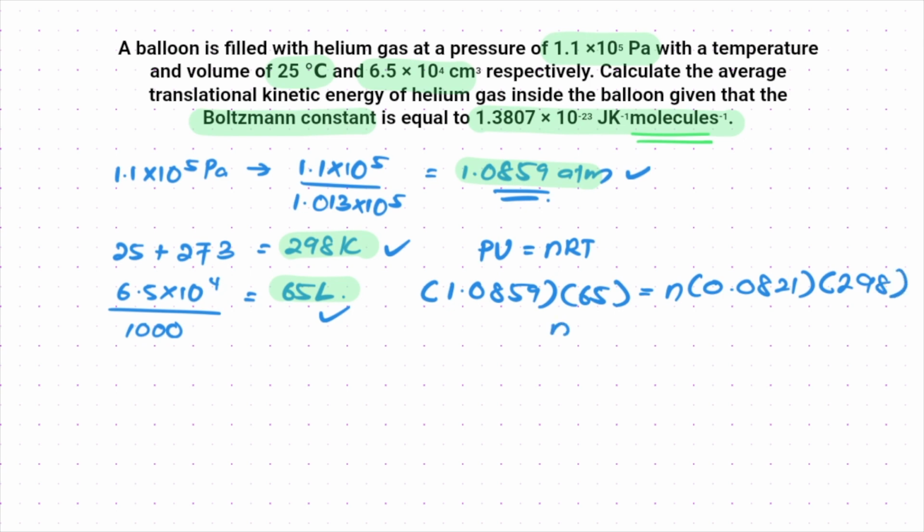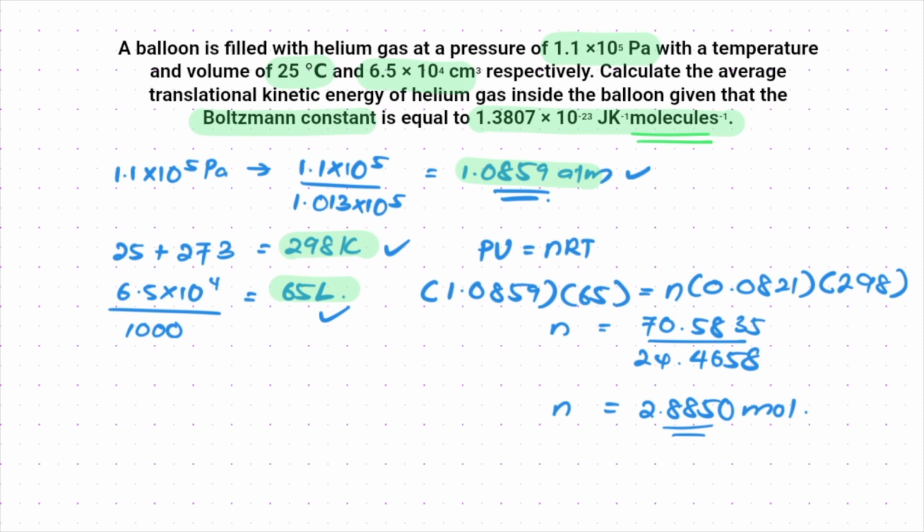Therefore, from here we get n is equivalent to 70.5835 divided by 24.4658. Therefore, the number of moles of helium gas is 2.8850 moles.